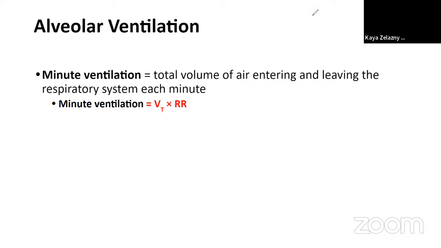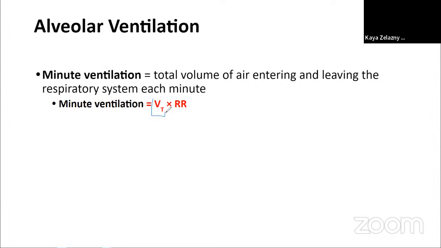To do this, we're going to multiply our tidal volume. We talked about the different lung volumes last time. The tidal volume was just that 500 milliliters with easy, normal breathing, right? So we're going to multiply our tidal volume, which is something around 500 milliliters, times our respiration rate. That's what RR is.